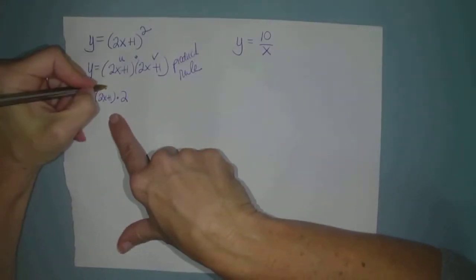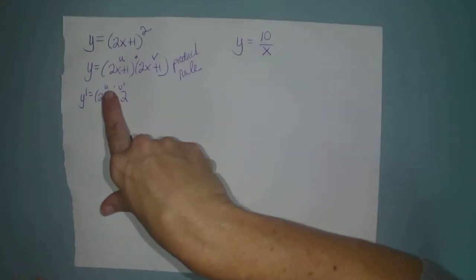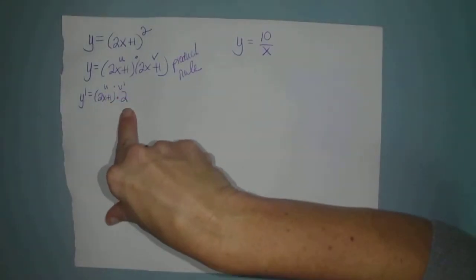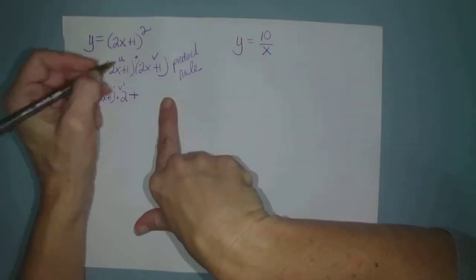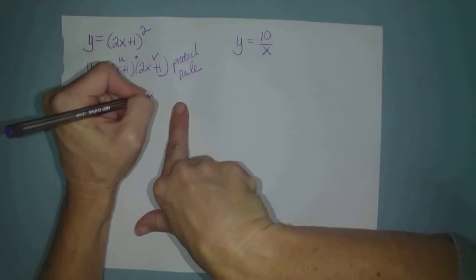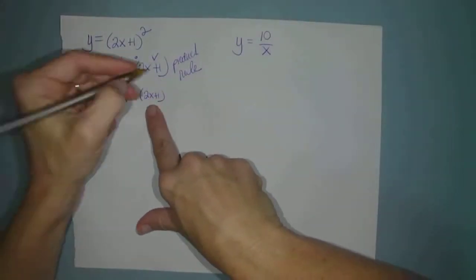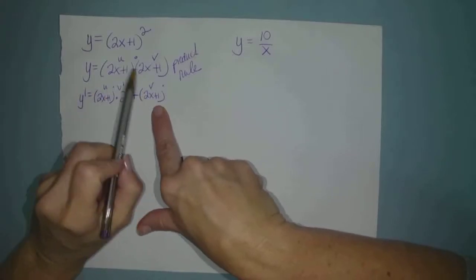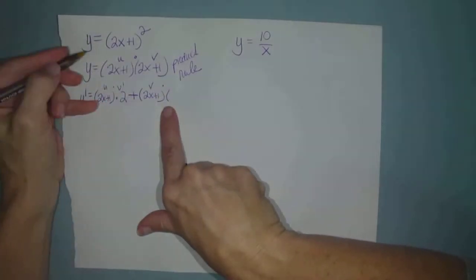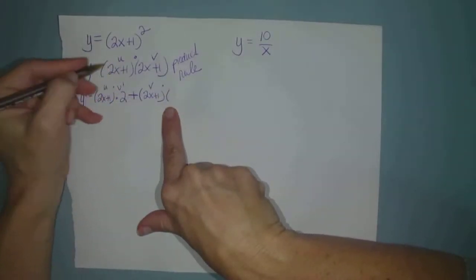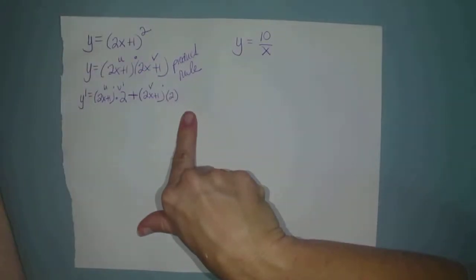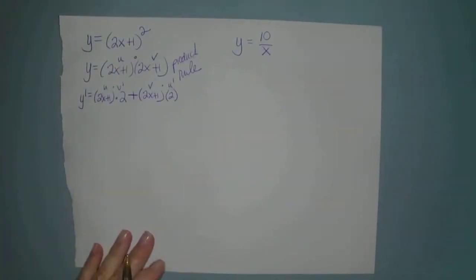So u times v prime, there's the first times the derivative of the second, plus the second, that's v, times the derivative of the first. And the derivative of 2x plus 1 we just established is another 2. So that's v times u prime.